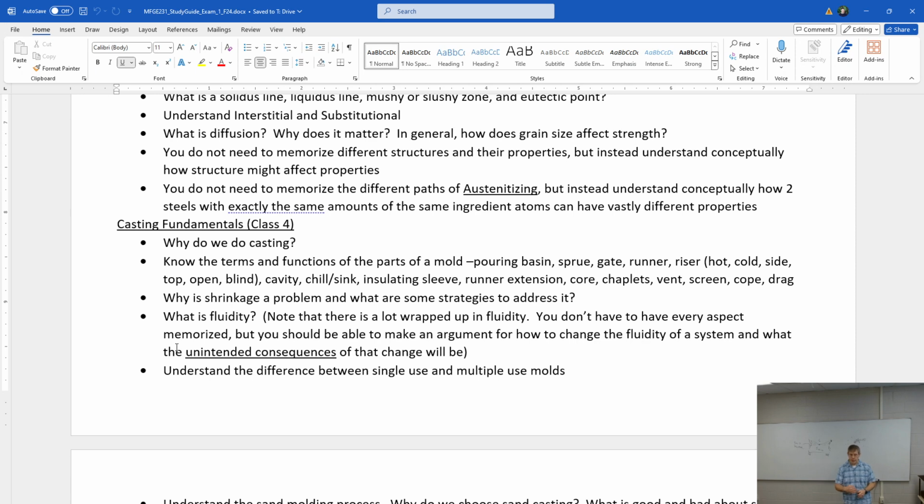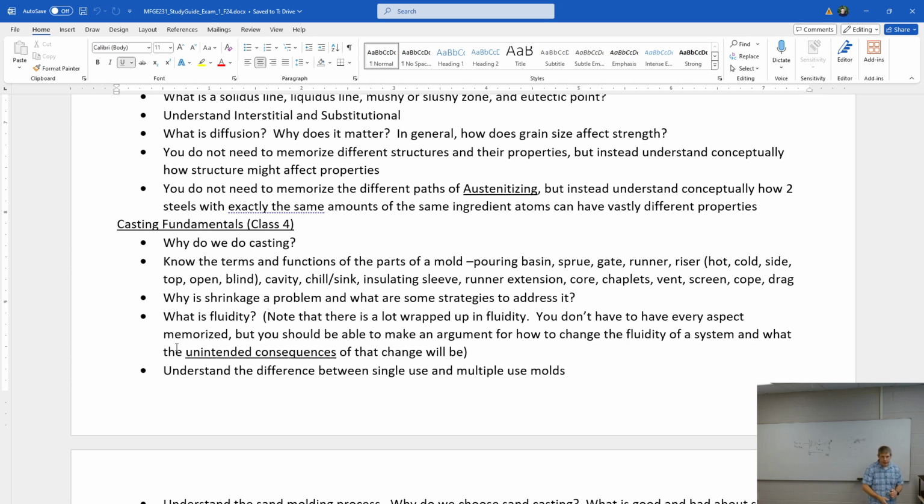So what we're doing in austenitization, we're going to a very high temperature, and we're allowing the crystal structure to reform in the material, and then we are cooling it at some rate. The rate at which we cool it will define how the interstitials and substitutionals are distributed throughout the material, and it will define the grain size.